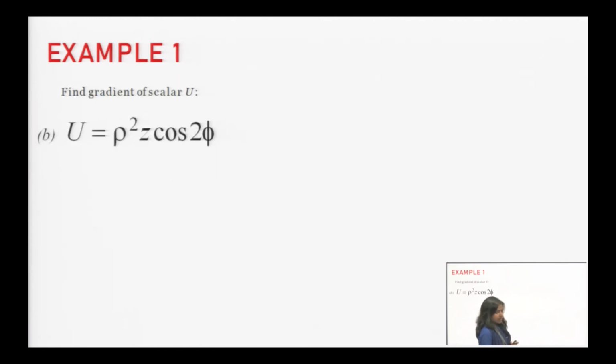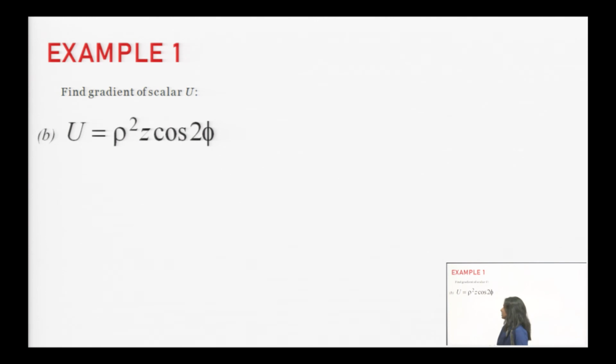Now let us see, as we have three coordinate systems to learn. How to find whether the function is given in Cartesian, cylindrical or spherical coordinates? By seeing these quantities.